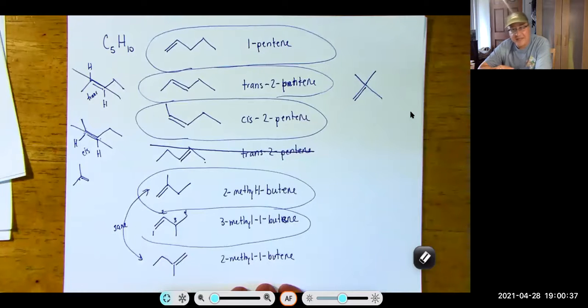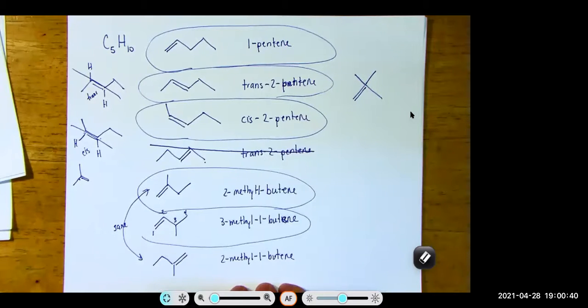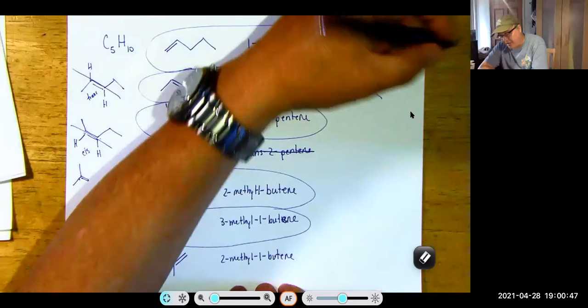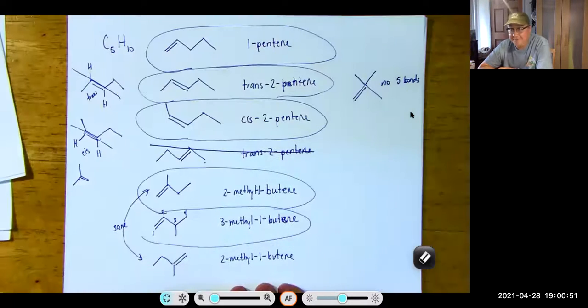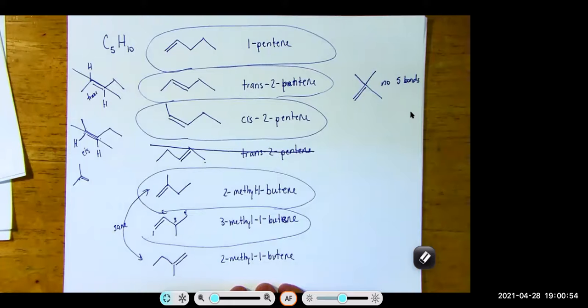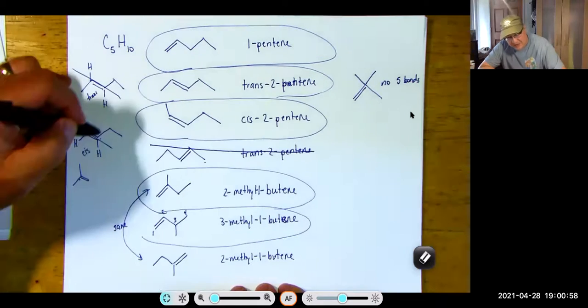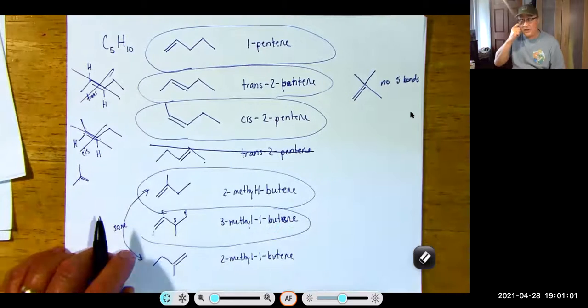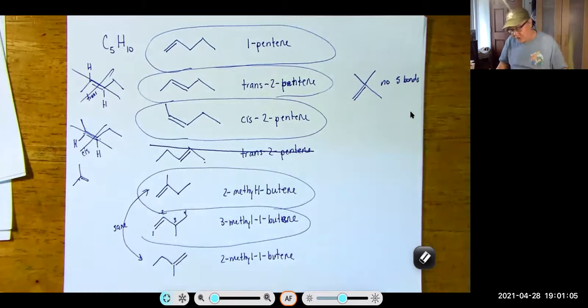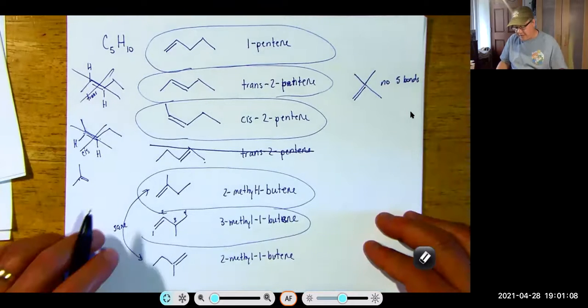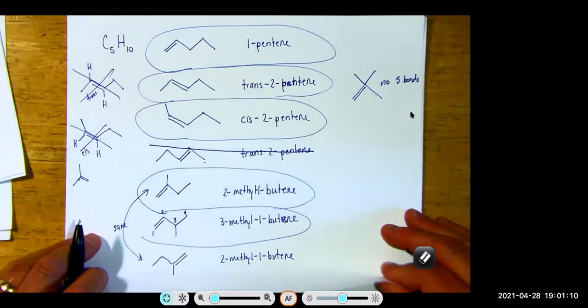I would say yes, because there's 3 carbons still, the longest chain. I'd say no, because you got 5 bonds. Okay, so there's a lot of things you have to check off to make sure it's okay. Do you have enough carbons? Do you have the right number of hydrogens? And so forth and so on.